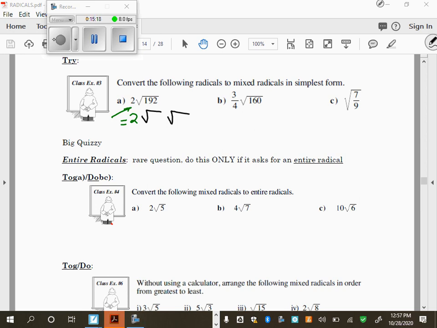Everyone try out 192. No one knows what times what equals 192. So use the hint. Try to figure it out on your own before we talk about it in 30 seconds. This is on page 14, example 3.